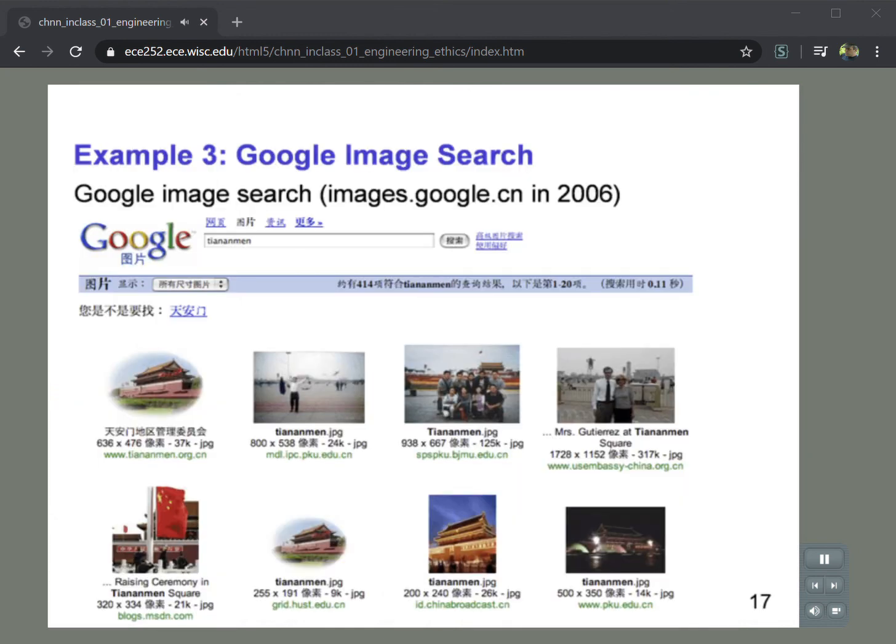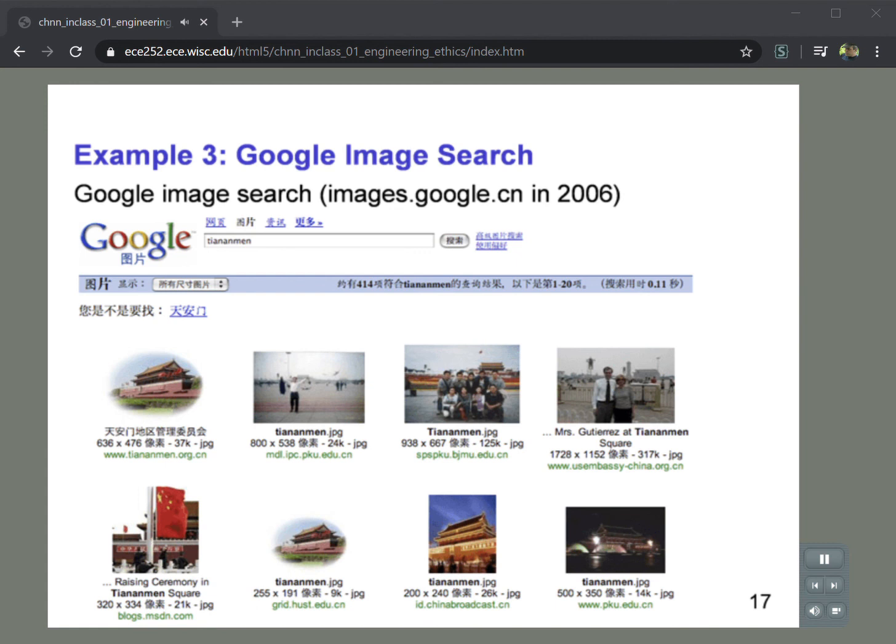Now the interesting thing is that if you actually do the same search, if you search for Tiananmen Square on the Chinese version of the Google image search site, images.google.cn, this is the site that's accessible within China, or at the time, back in 2006, was accessible in China. Instead of seeing pictures of protesters being beaten down and tanks and so on and soldiers, this is what you get.